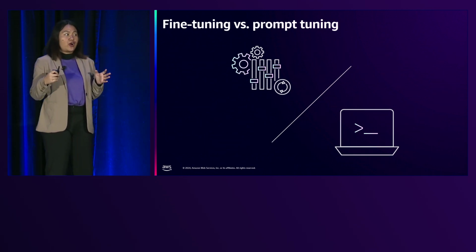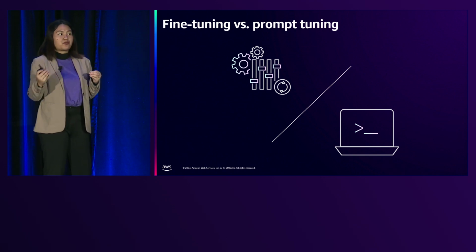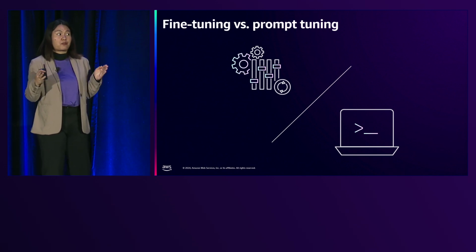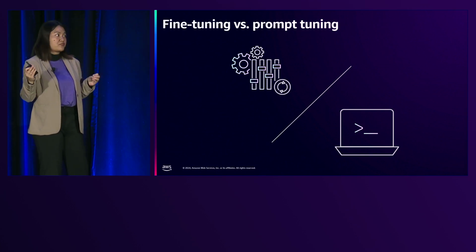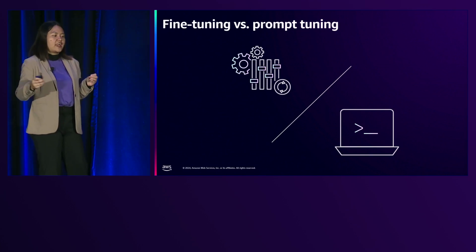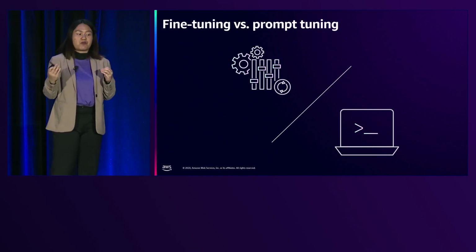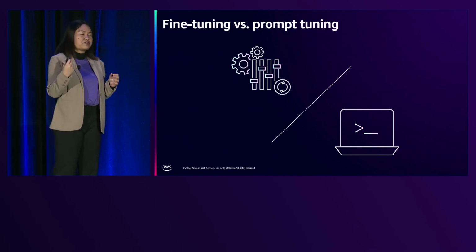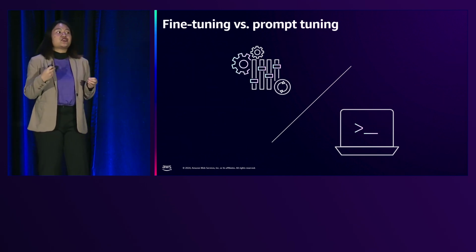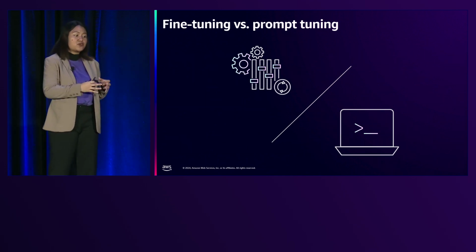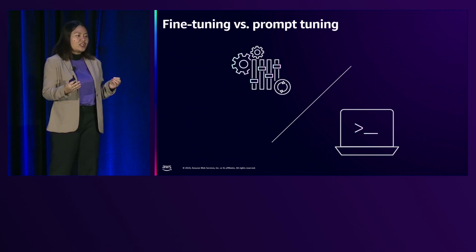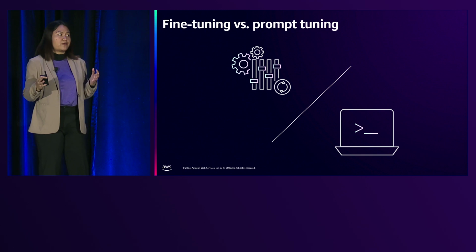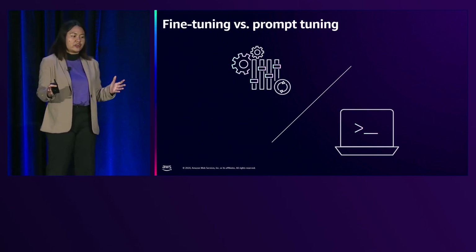So maybe if you want to generate a medical health report, you take some journal reports from a healthcare journal, and then you fine-tune the existing model. Because you are fine-tuning the model, you need additional compute resources and compute time to fine-tune the existing large language model or foundational model.